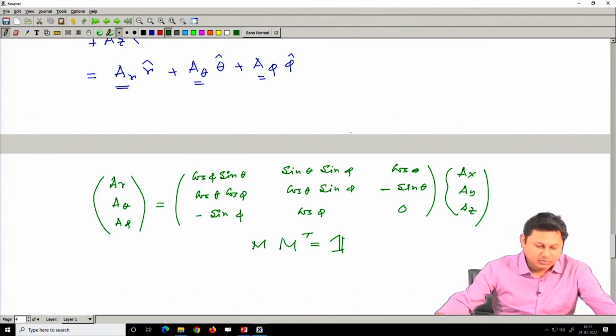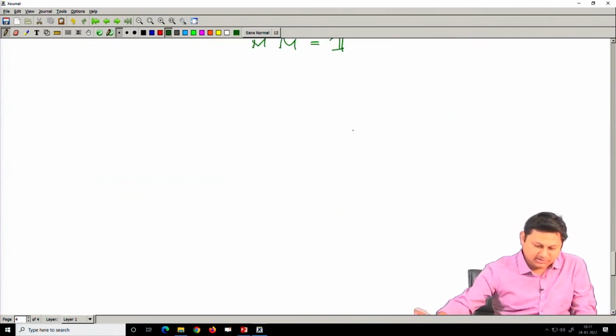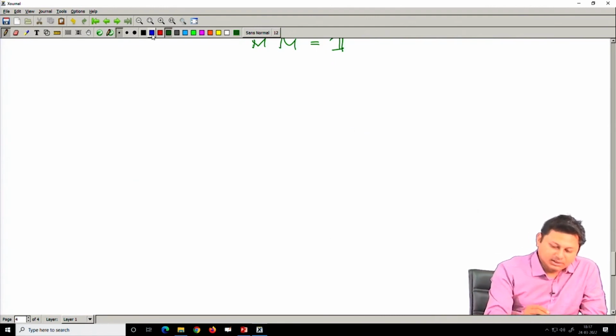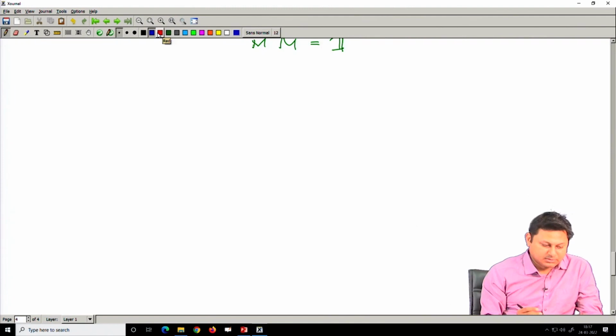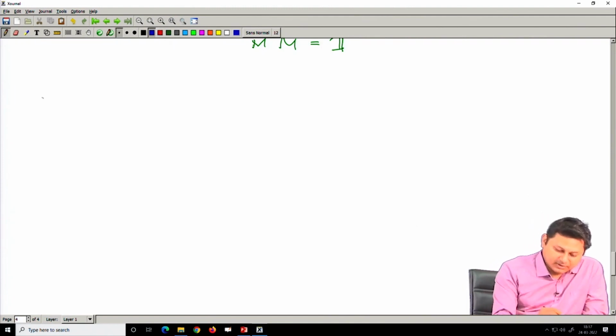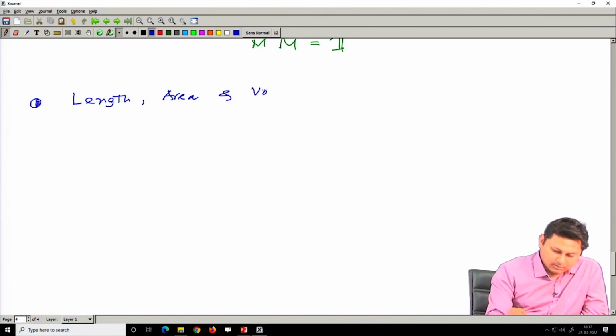Now, quickly I go to the next topic that I am going to just start: line element, surface element and volume element. The next topic is how to calculate the length, area and volume element in different coordinate systems.